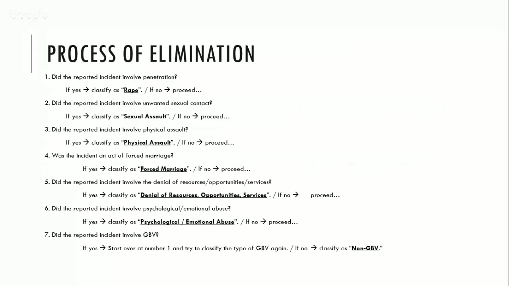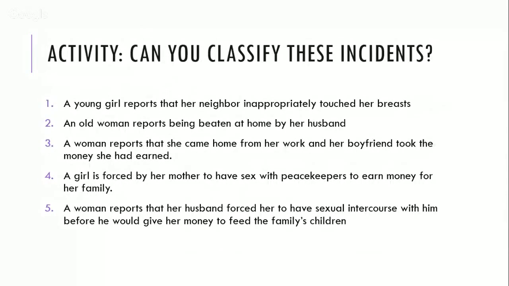So let's try this out together. Using the terminology that we just went through and this process, these 6 questions, let's go through the next example instance together. A young girl reports that her neighbor inappropriately touched her breasts.